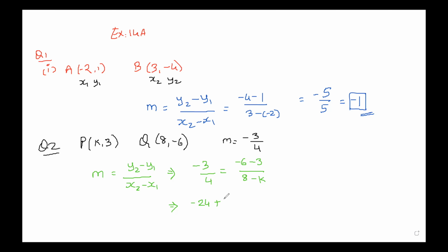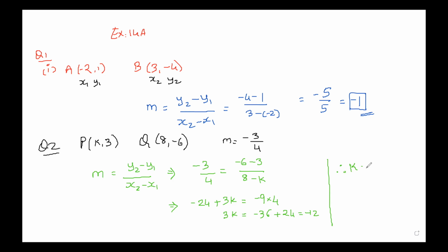-24 plus 3K equals -9 into 4. So 3K equals -36 plus 24, that is -12.